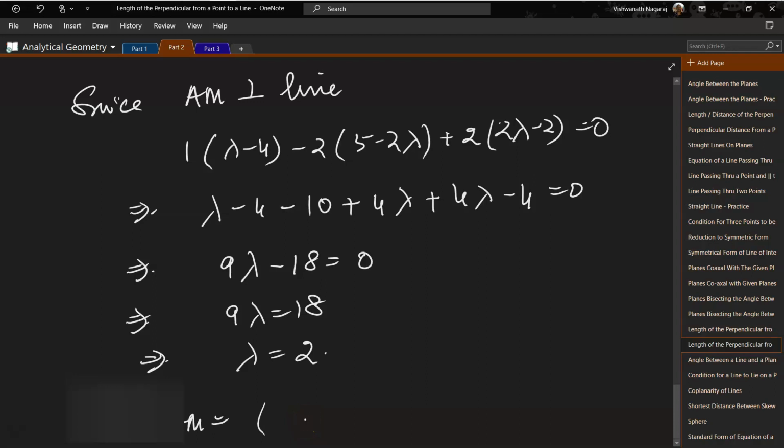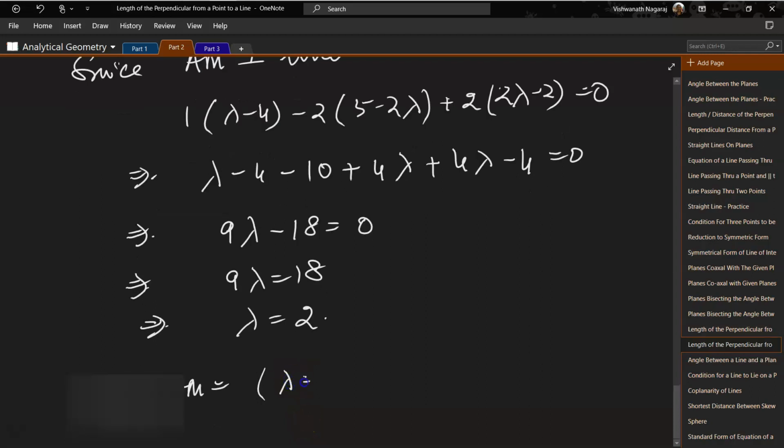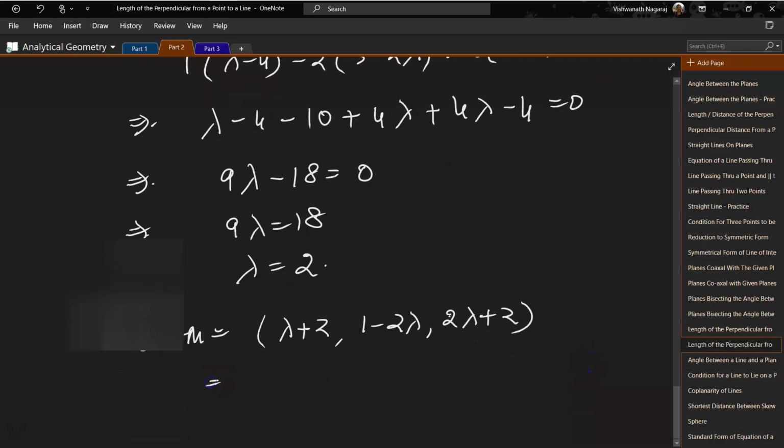So lambda plus 2, 1 minus 2 lambda, 2 lambda plus 2 we have. So let's do the substitutions. We get 4, 1 minus 4 is minus 3, 2 times 2 plus 2, 6.